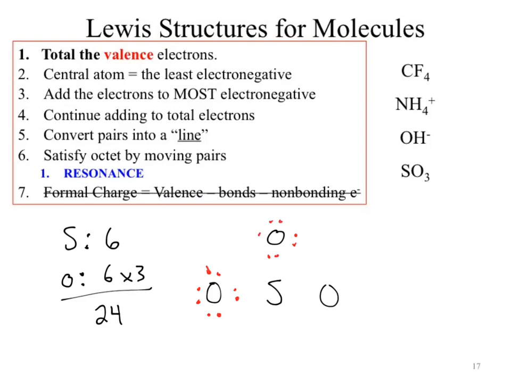Oxygen is the second most electronegative element on the periodic table, second to fluorine. Okay. We've added all of the electrons. So we've finished now step 4. We've added our total electrons. We cannot add any more electrons. So we can now go through and convert any pair of electrons between into a bond.